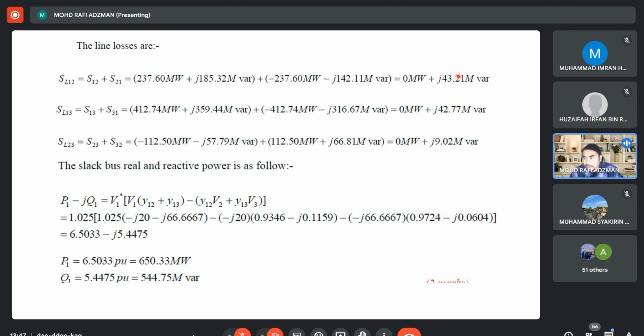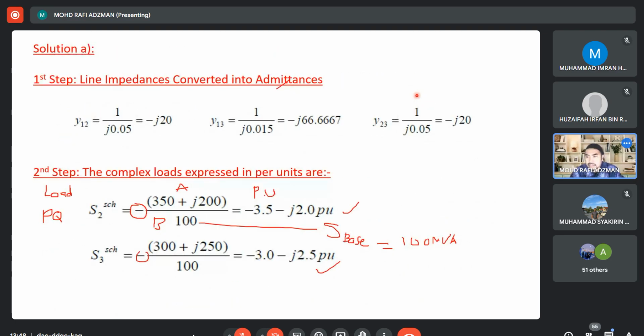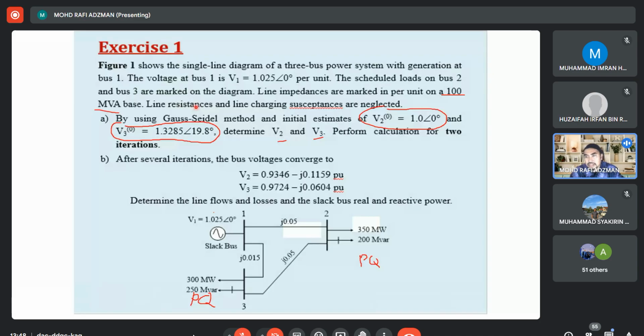If you look here, there is zero line loss for real power, but for reactive power, yes, you have. This is because this circuit has zero line resistance. The line resistance is already neglected. That's why you don't have P, you only have Q, because you have reactance here, and the flow of the reactive power.